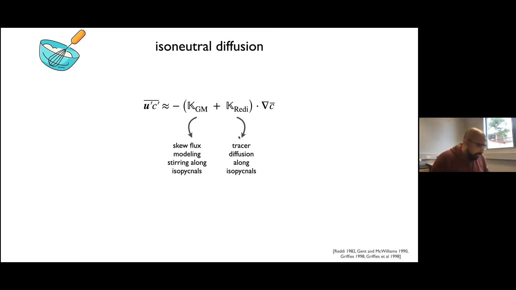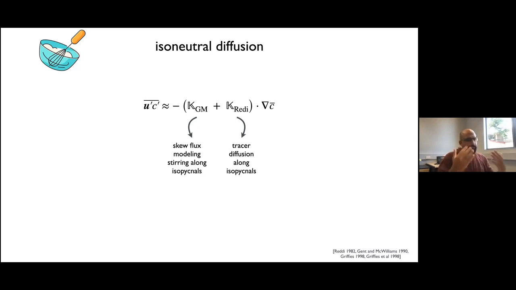This was developed in the late 80s, early 90s. Despite my saying it in one sentence, just convert to a coordinate system that is parallel to the isopycnals, that took a few years to implement. It's quite tricky, and a big portion of the literature was about exactly how to implement this diffusivity tensor and this rotation into isopycnals.